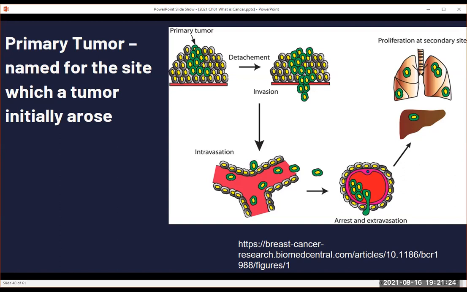In this case, it's a liver cancer that has metastasized to the lung. So you do have cancer in the lung, but you would refer to this cancer as a liver tumor with metastasis in the lung. This is the original tumor. It arose from these kinds of cells, and it is those cells that moved through the body to the lung here.